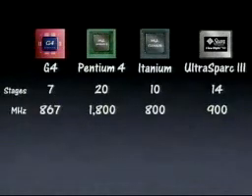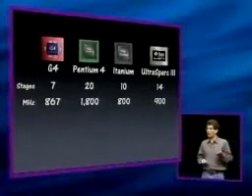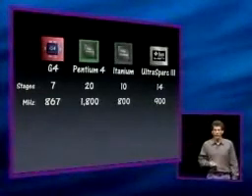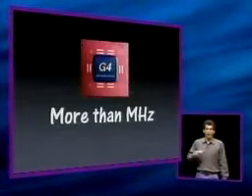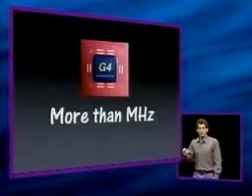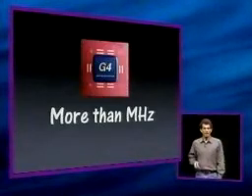So the G4 is an extremely efficient design in that it only has 7 pipeline stages and yet runs at the same speed as other processors that have much longer pipelines. So I hope that this gets you to understand that performance is more than just megahertz, and I hope you're not fooled by the megahertz myth. Thank you, everybody.